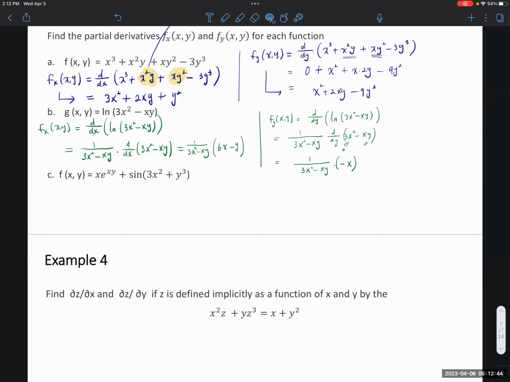All right, this one, as you see, we are going to do both work. That's d over dx of the entire x e to the xy sine(3x squared y cubed). There are 2 terms, so I can separate them.